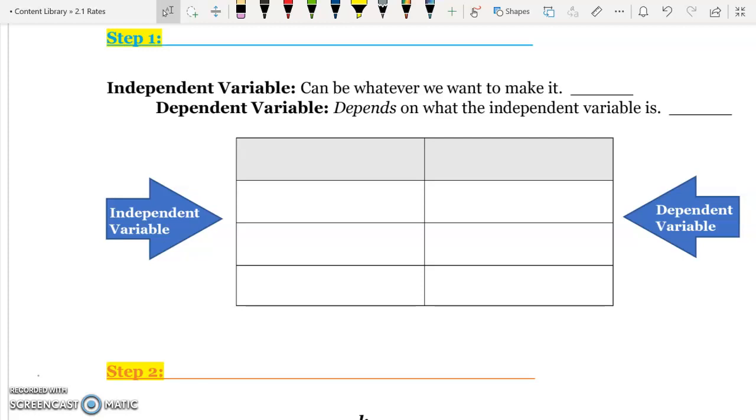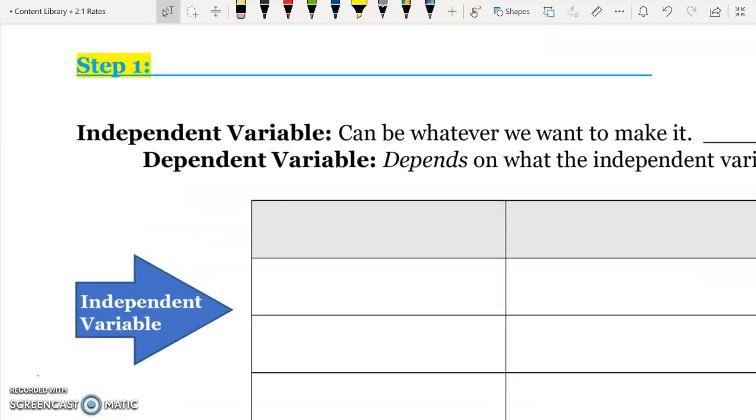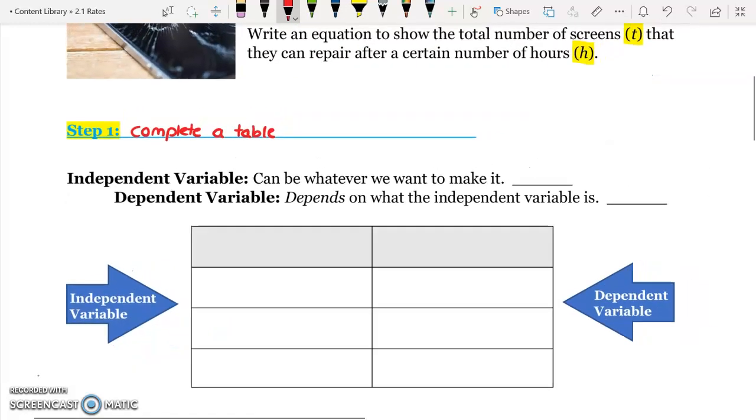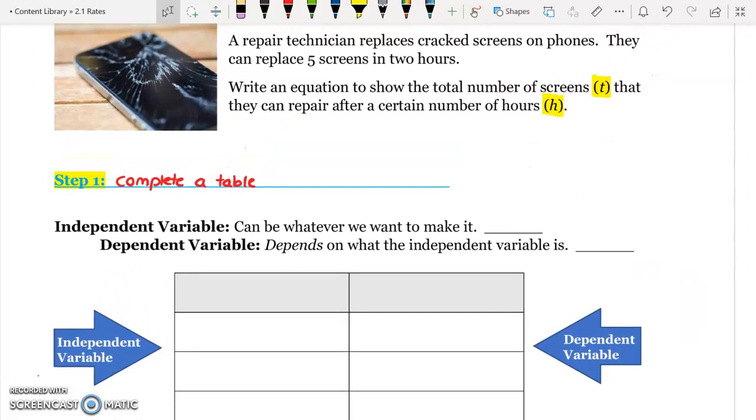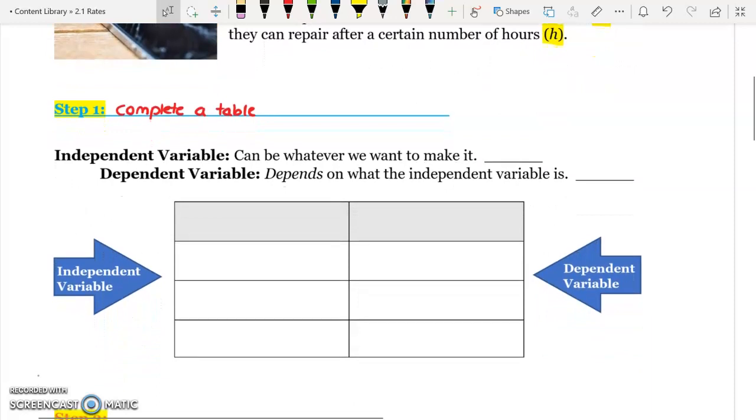The first step is that we need to complete a table. In all the other examples before, they gave us a completed table with different variables and values filled in. But the difference with a word problem is we now have to apply what we can read in the word problem to make our table.